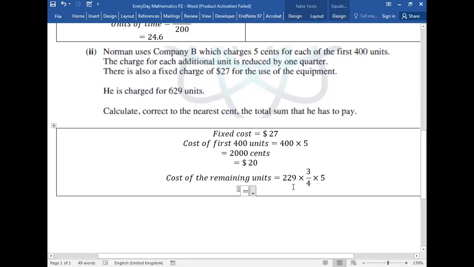Three-fourth of 5. 229 were the units. This is the cost of 1 unit. New cost of 1 unit. Is this clear or not?